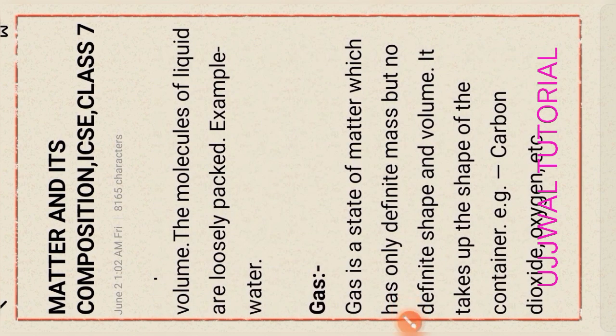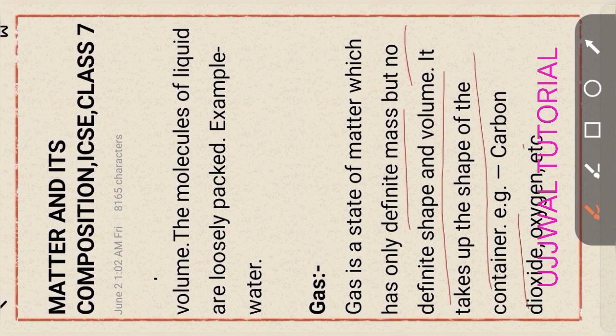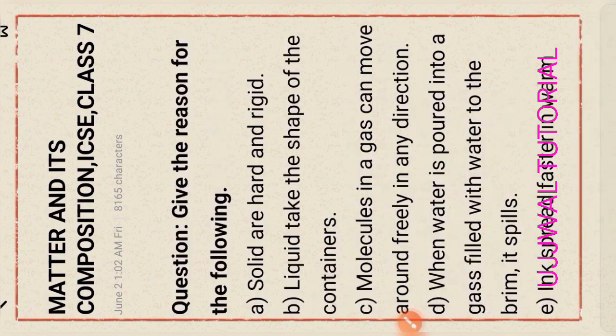Gas is a state of matter which has only definite mass but no definite shape and volume. It takes up the shape of the container. Examples of gas: carbon dioxide and oxygen.